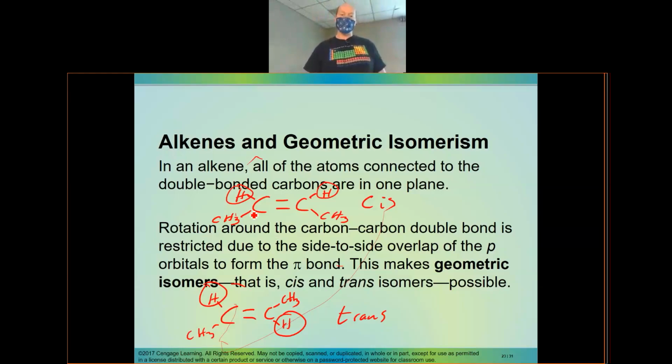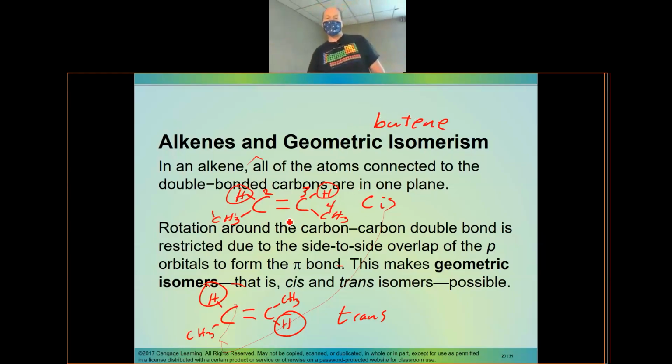Now to name this, all right, you got to find your longest carbon chain, 1, 2, 3, and 4. And that's your base name. So that is a butene. Ene, because you have a double bond, not butane. Butane is everything single bond. Butene.